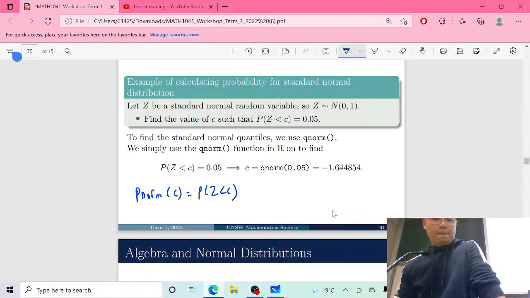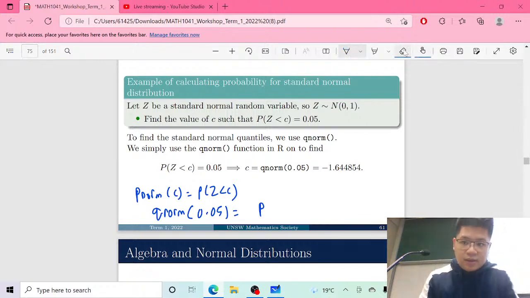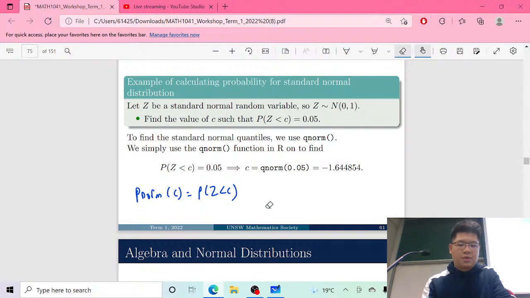Sorry, I got confused for a moment. If p-norm corresponds to P(Z less than c), then q-norm is the inverse of this particular function.